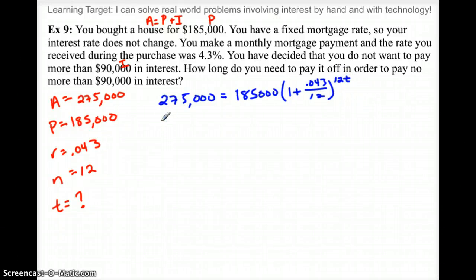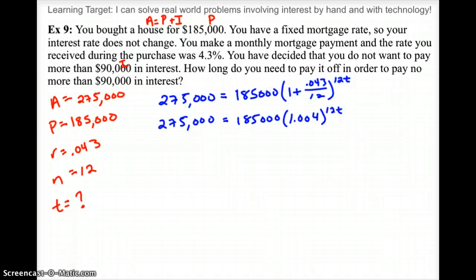Okay, so what can I do here? Well, not much. In the parenthesis, I can do the division and add 1. So let me do that. 0.043 divided by 12 plus 1. I'm going to round it to 3 decimal places. 1.004, that 3 is going to round up to a 4.